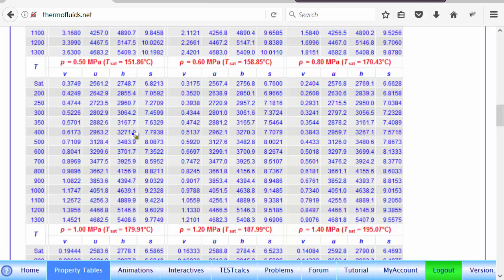So it'll be somewhere between these two here and these two there. So as you can see, the specific volume has to be interpolated between these numbers and these numbers.